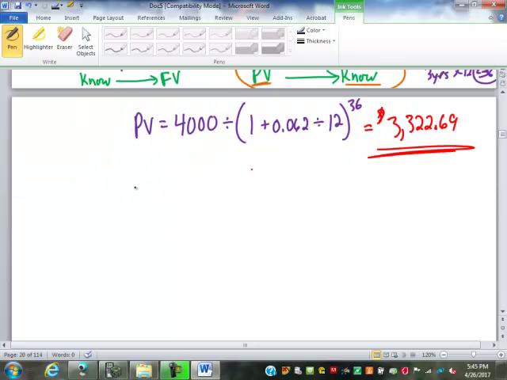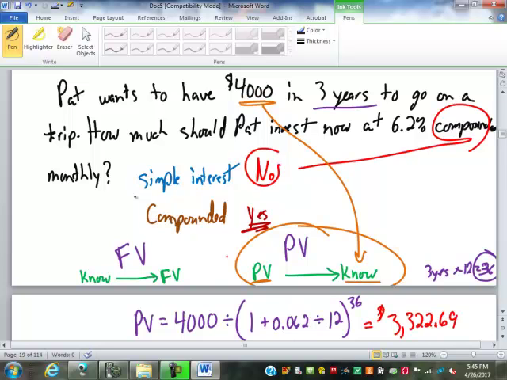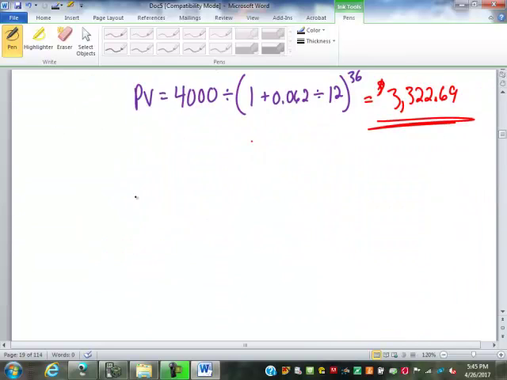So anyway, that is compound interest looking for a present value.